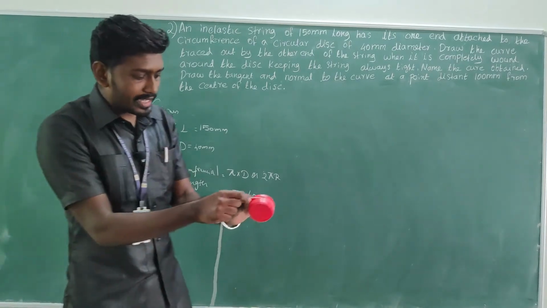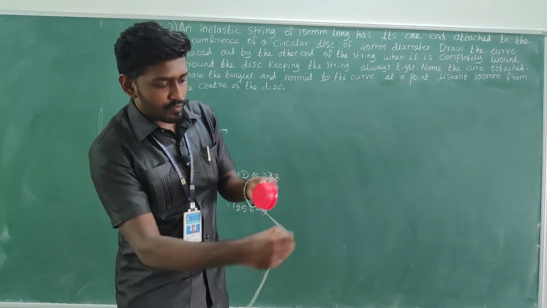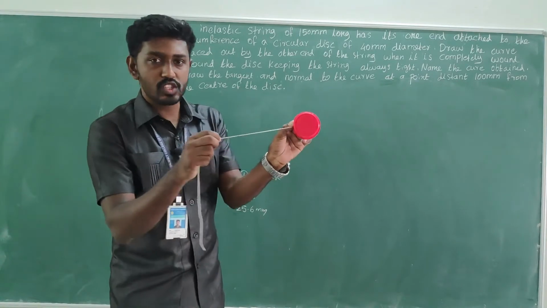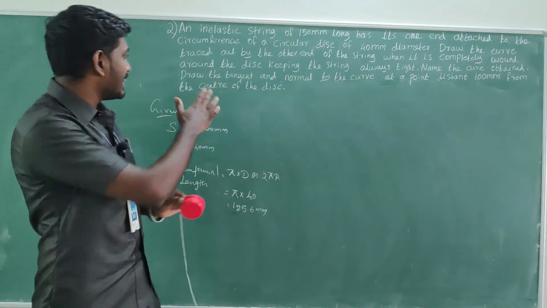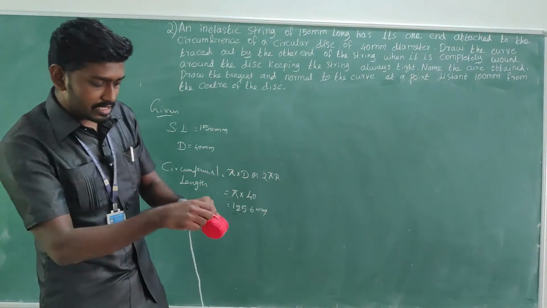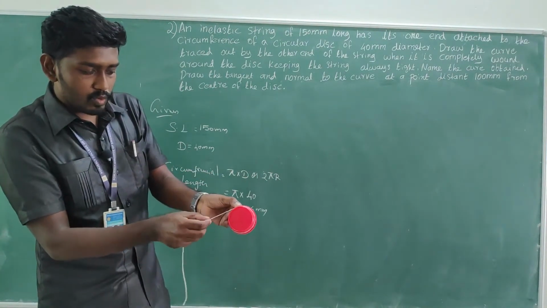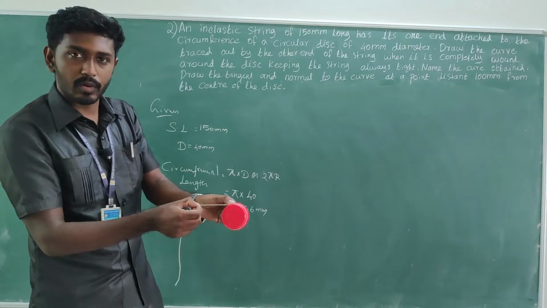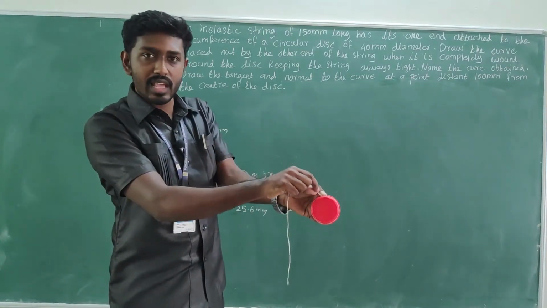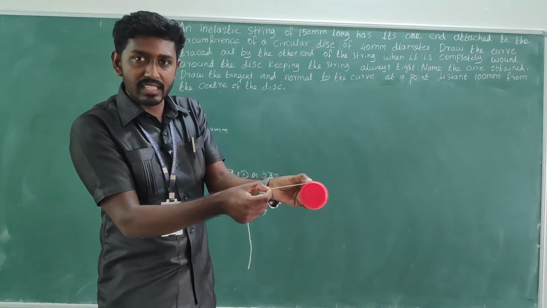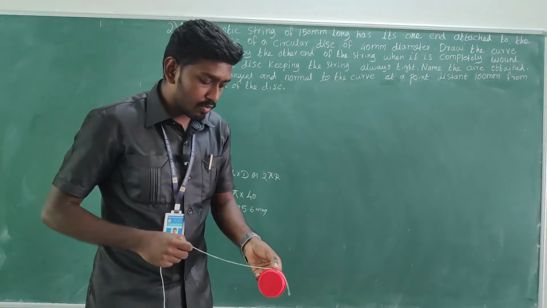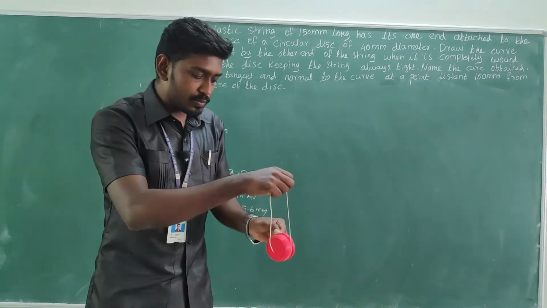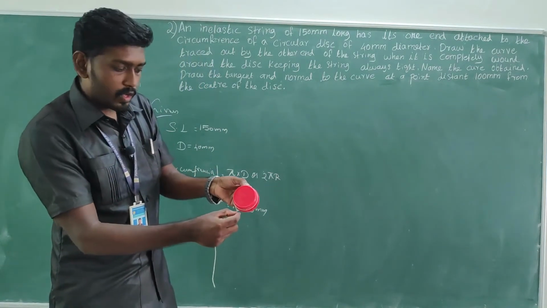So if you wound it one complete turn, it takes a string length of 125.6 mm. But the string length given is more than 125, that is, 150 mm. So 125 is enough, but 150 is there, so some excess string length is provided in the question.